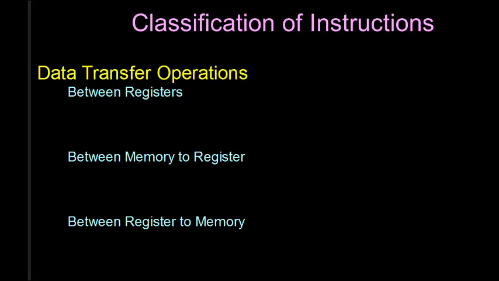Now let us see the first category, data transfer operations between the registers. In 8085 there are various registers: register A, B, C, D, E, H, L. We can transfer data from any register to any other register.